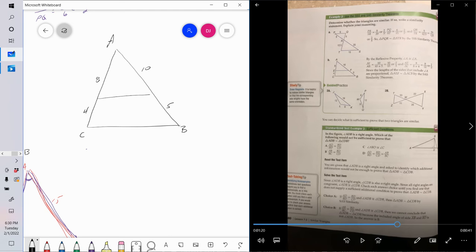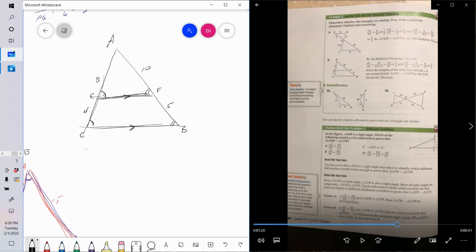Because the ratio of 15 over 10 is equal to the ratio of 12 over 8, we were able to conclude that those two triangles were similar to each other, which means that this angle here is congruent to this angle. And these two angles are congruent. That's going to mean that these two sides are parallel to each other because I've got these two lines transversal. The corresponding angles are congruent. Therefore, these two sides are parallel.